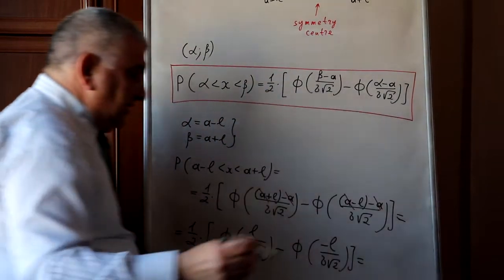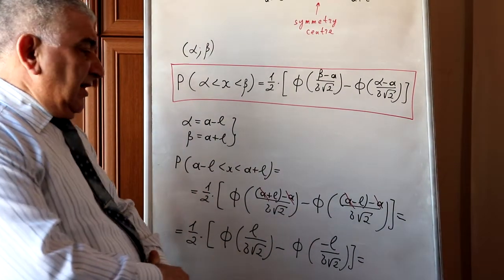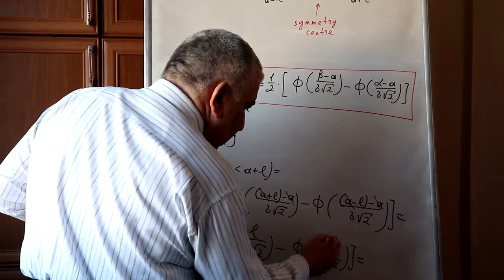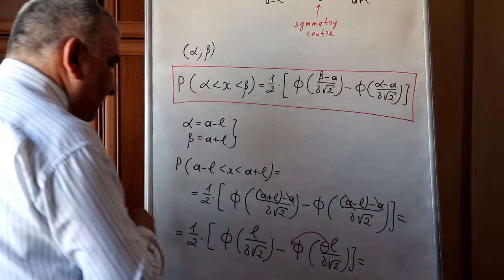But you know that the error integral phi is odd function, and therefore we can take negative sign out of the error integral symbol.